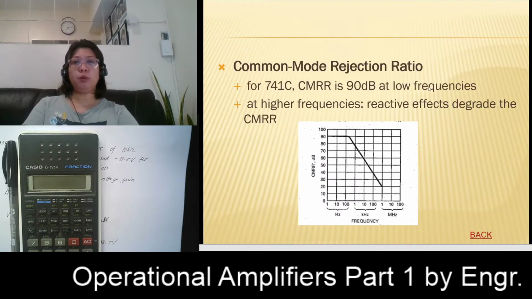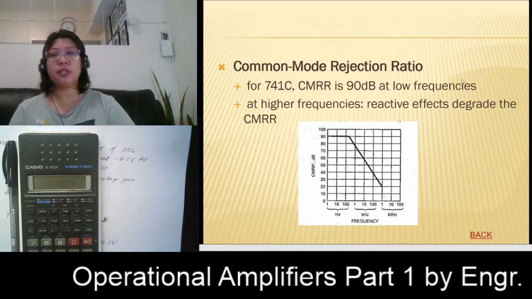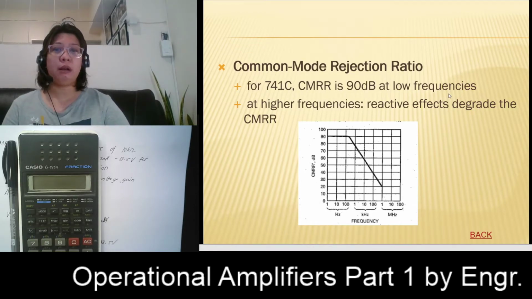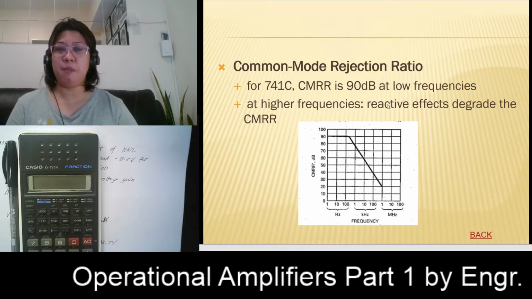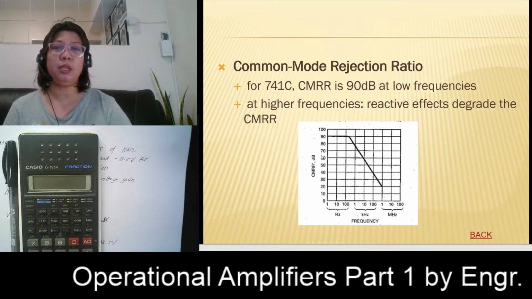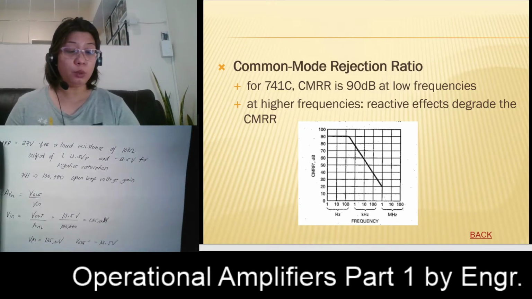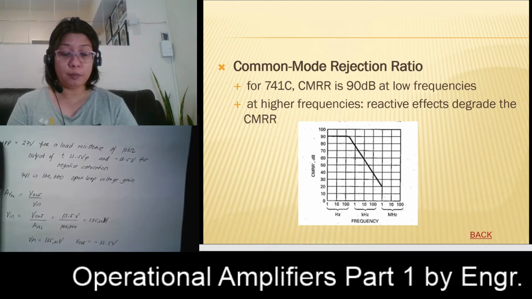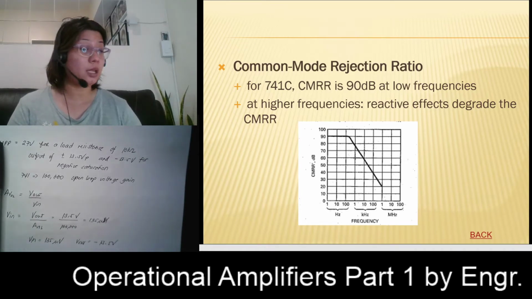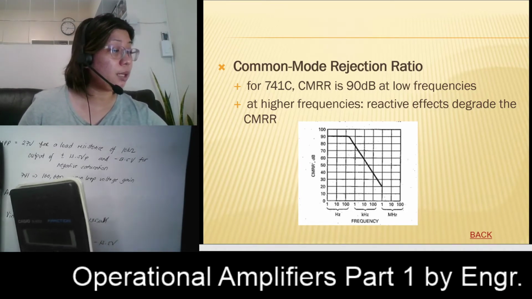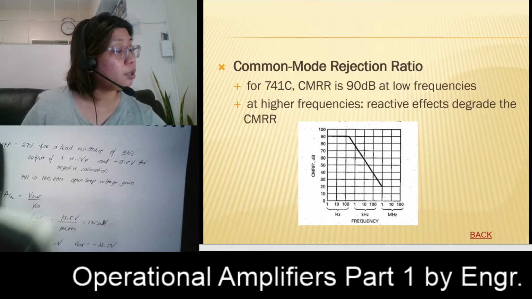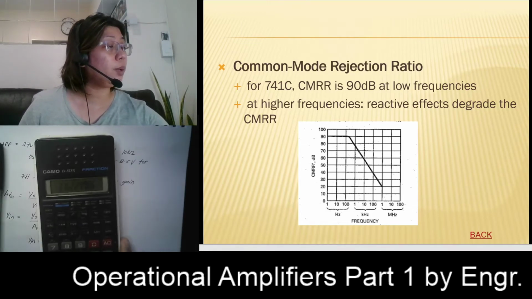Okay, so common mode rejection ratio. For the 741C, CMRR is 90 dB at low frequency. So what is 90 dB? If we are going to get our CMRR, 90 divided by 20, inverse logarithm, that is equivalent to 31,622.